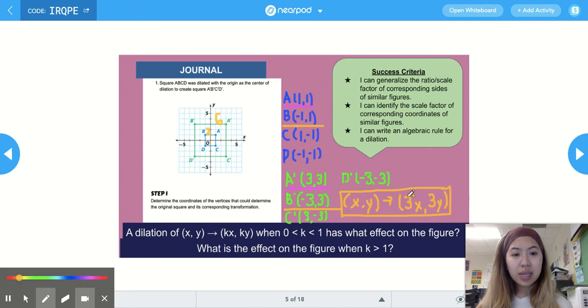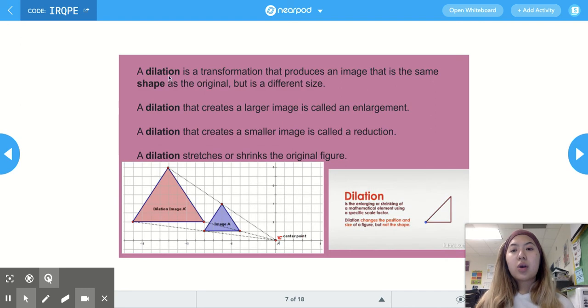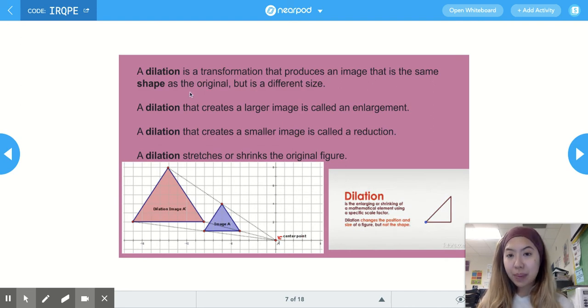And as you can see, when our coefficients are greater than 1, our shape has been dilated to be enlarged, so it's been made bigger. So again, a dilation is a transformation that produces an image that is the same shape as the original, but is a different size. A dilation that creates a larger image is called an enlargement.